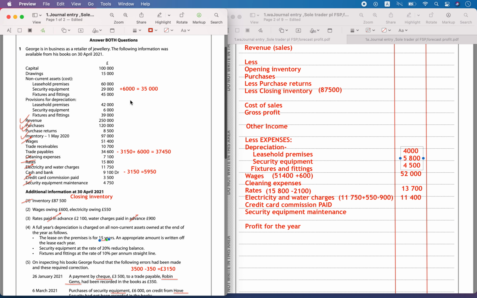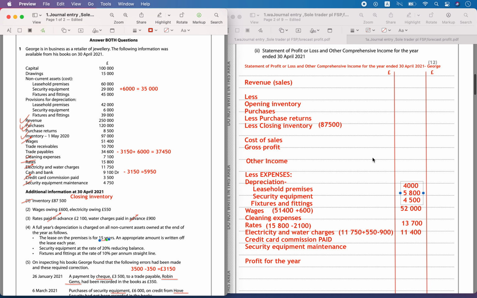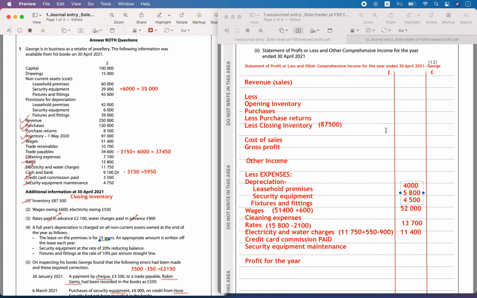Now the first one is the revenue, it is around 250,000. Then you have the opening inventory, which was around 97,000.